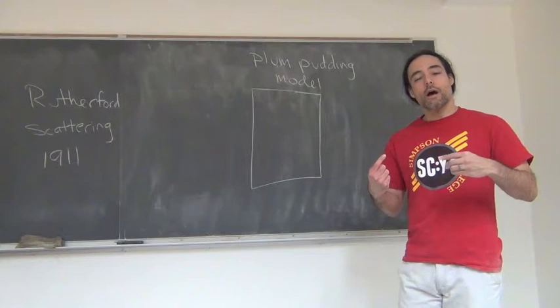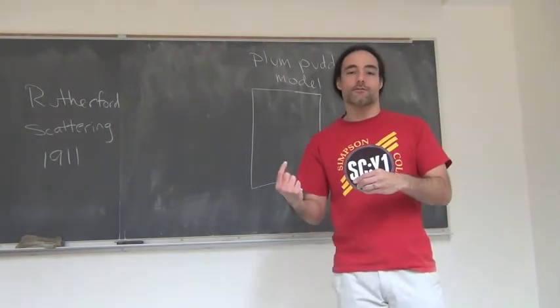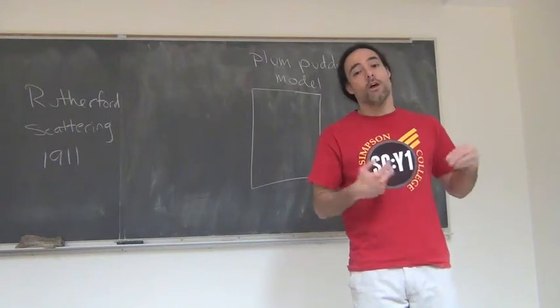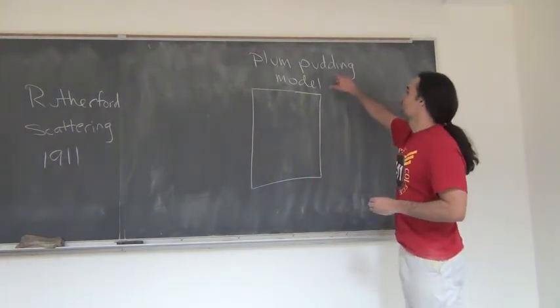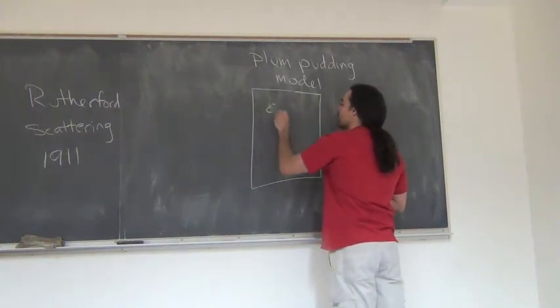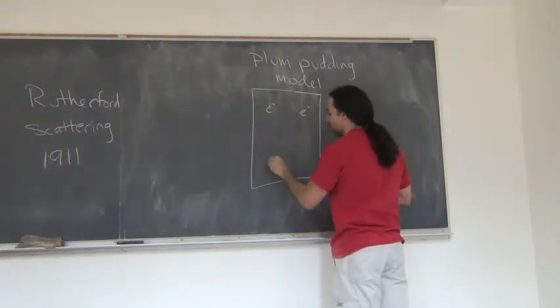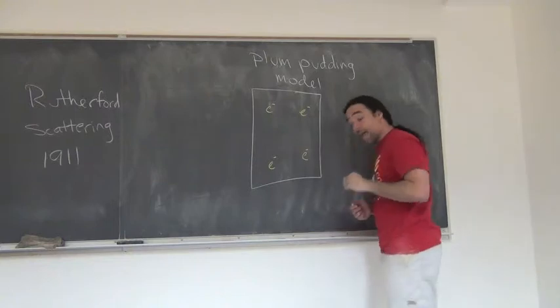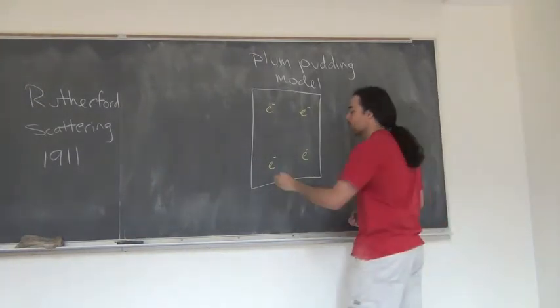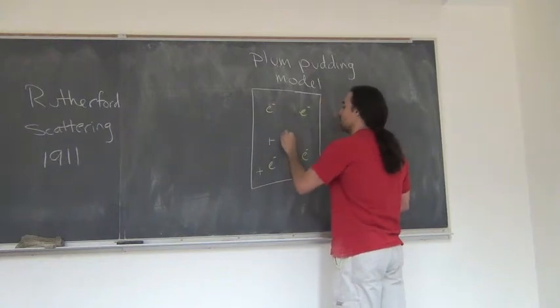So how do you have an equal amount of positive and negative charges if the negative charged objects are so tiny? Well, the model they came up with, they called it the plum pudding model, which is basically, you have a soup of electrons, teeny tiny little electrons, and those electrons are swimming around in a sea of positive charge.